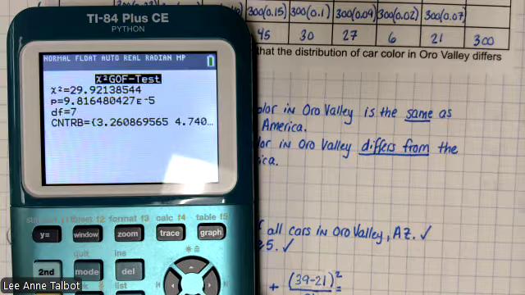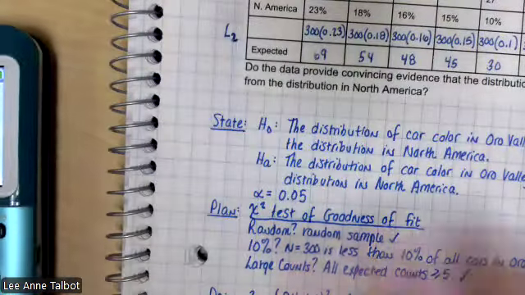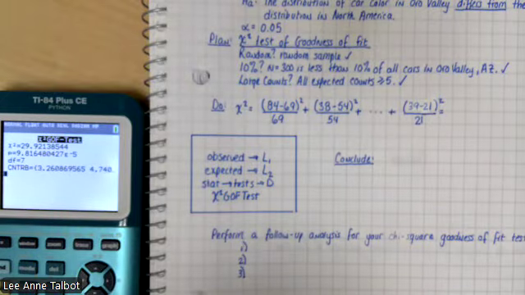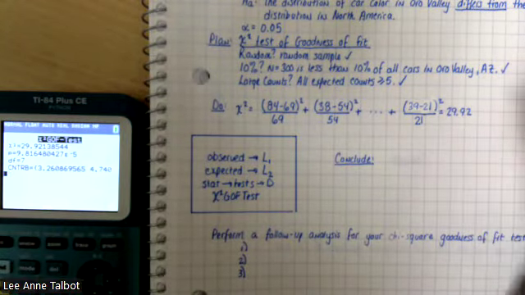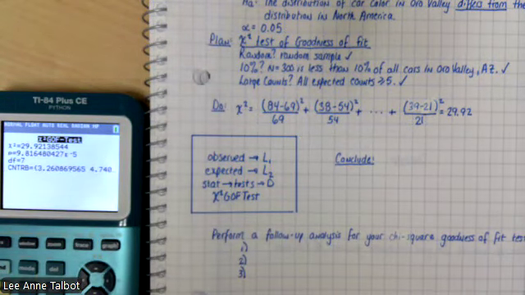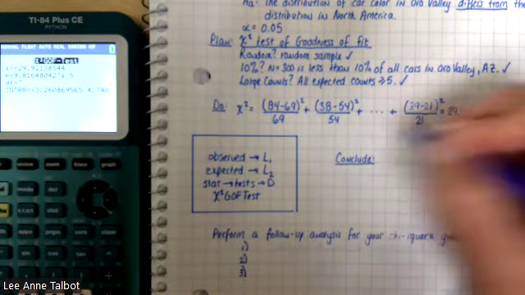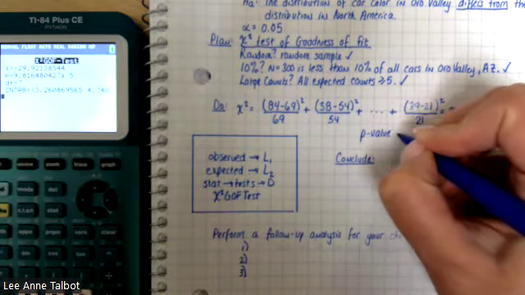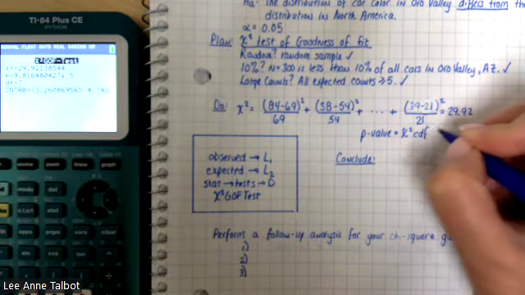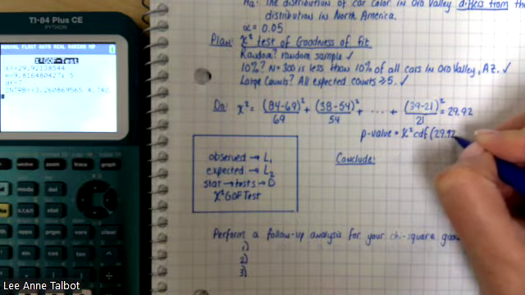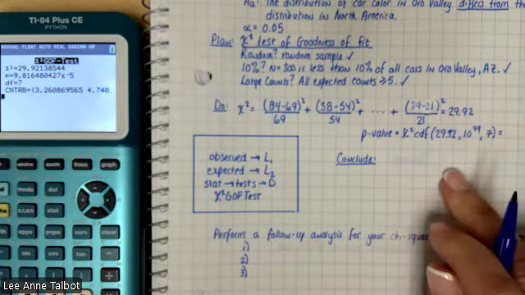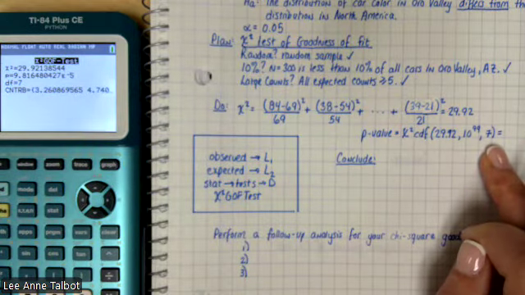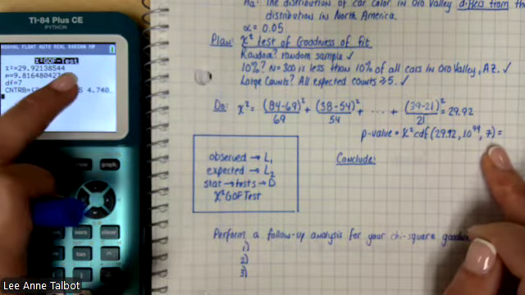But anyway, okay, so what you're going to do is you're going to take your calculator, set it over here. And then you're going to take the chi-square statistic and write it here. So that's the top line, 29.92. And then on the next line, chi-square CDF from 29.92 to infinity, 7 degrees of freedom, but you don't actually need to do it because it's already there.